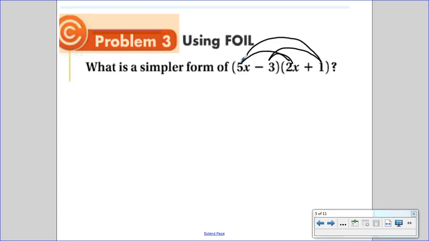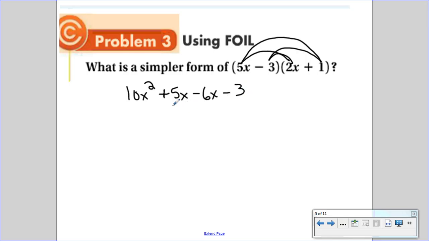So first is 5x times 2x. 5x times 2x is 10x squared. Outside, 5x times 1 is 5x. Inside, negative 3 times 2x is negative 6x. Last, negative 3 times 1 is negative 3.